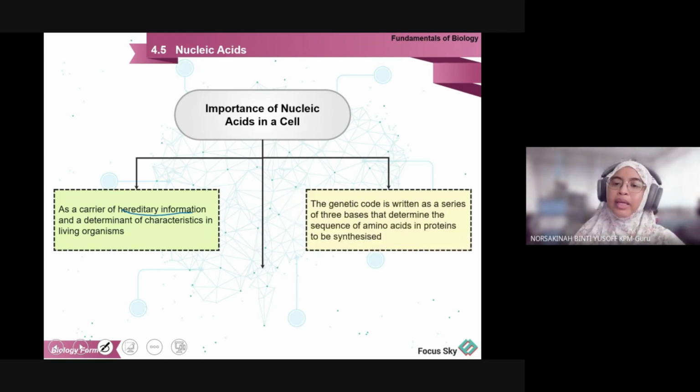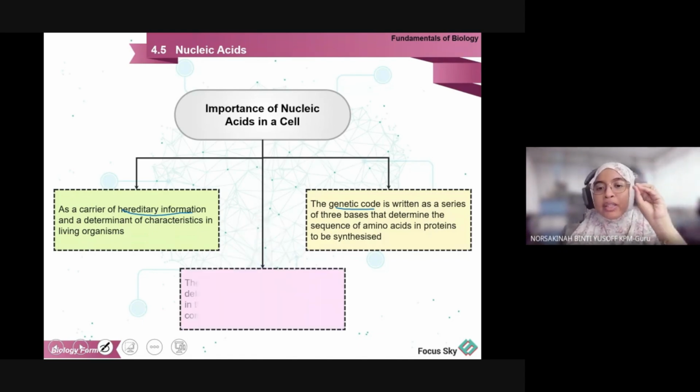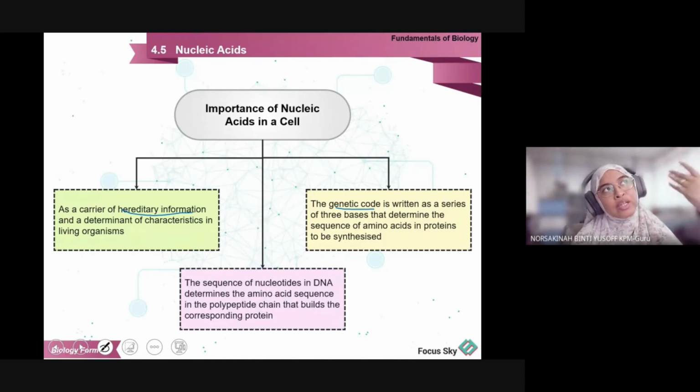And in the nucleic acid, there is the genetic code, which is the sequence of bases, A, T, C, G, all of that, the language of the cell. It's like if you're a primary school student learning computer coding, your cell also has coding. It's called the genetic code.